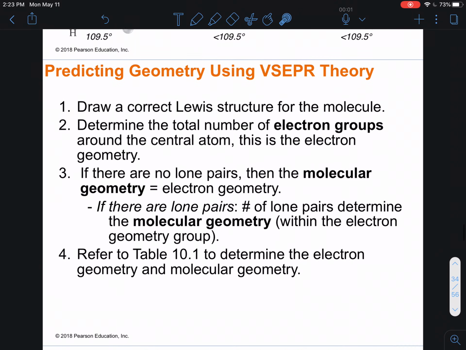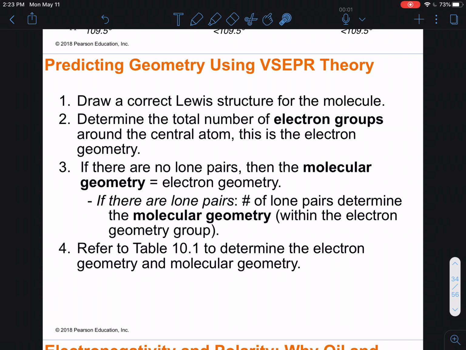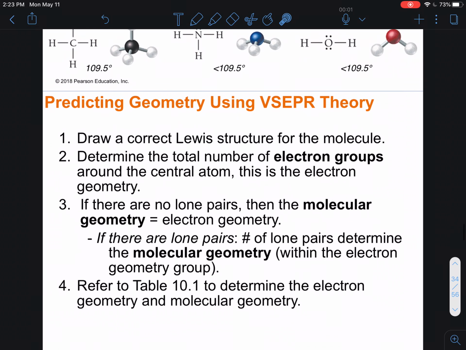All right, so recap really fast. We used VSEPR, valence shell electron pair repulsion theory, to predict the shape of molecules. We started off with the correct Lewis structure. Then we determined the total number of electron groups around the central atom. This is the electron geometry.